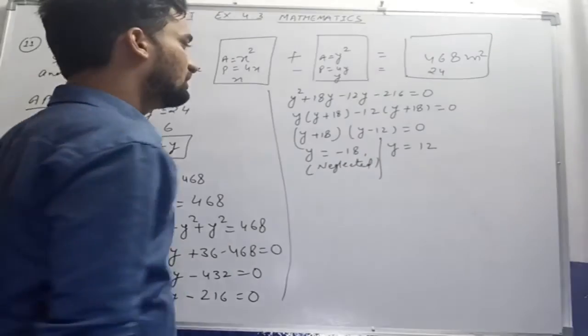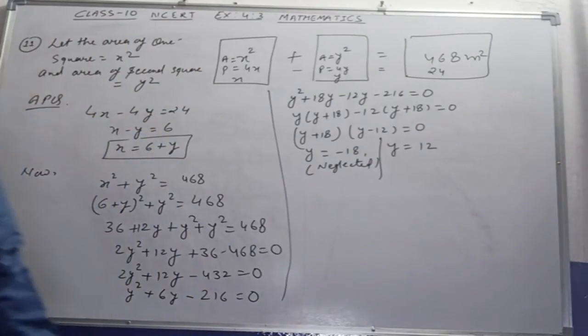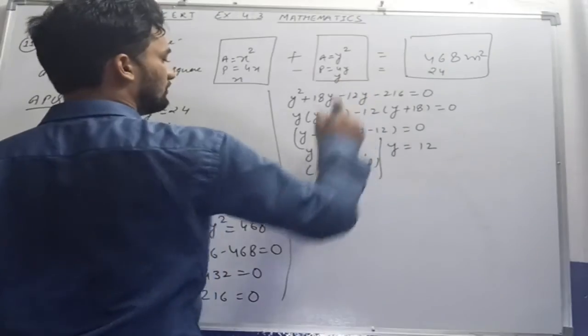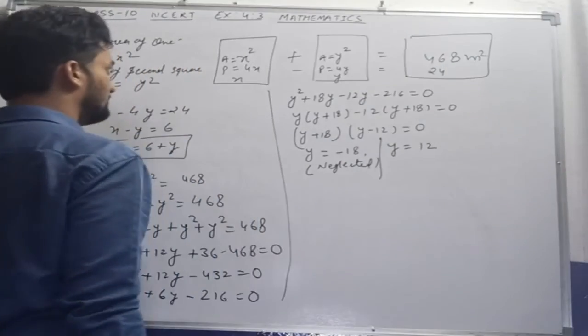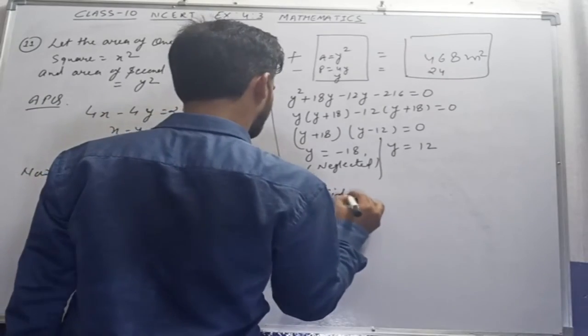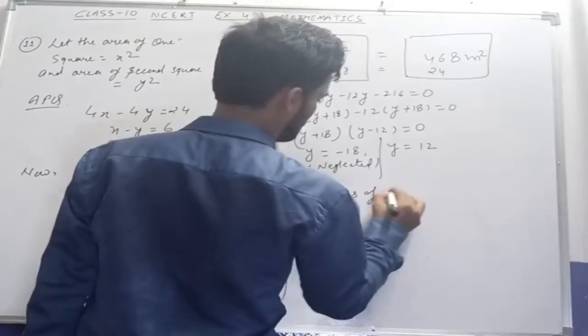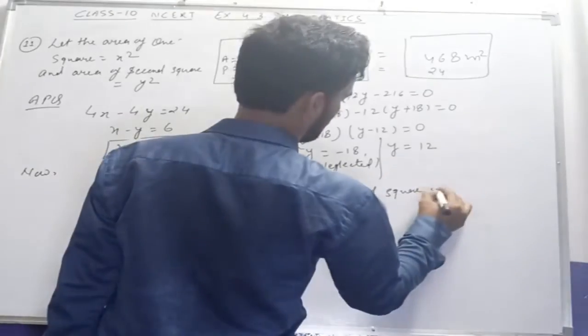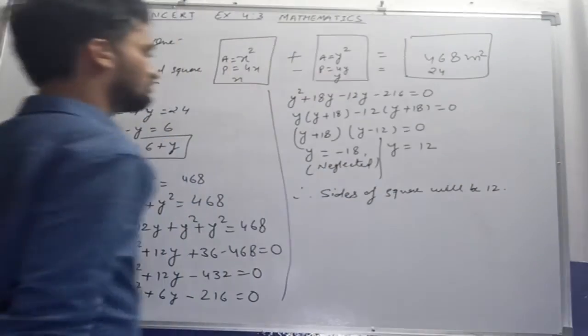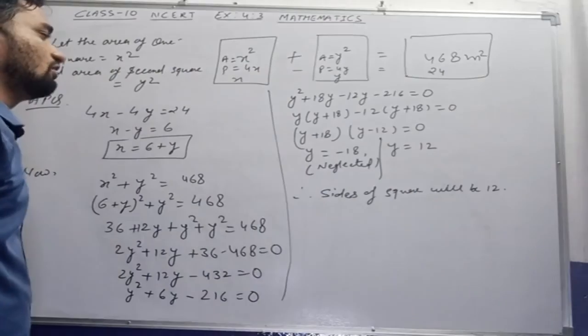Length cannot be negative. Therefore, the question was asking to find the sides of the two squares. So one side will be 12. The side of the square will be 12, that is the value of y.